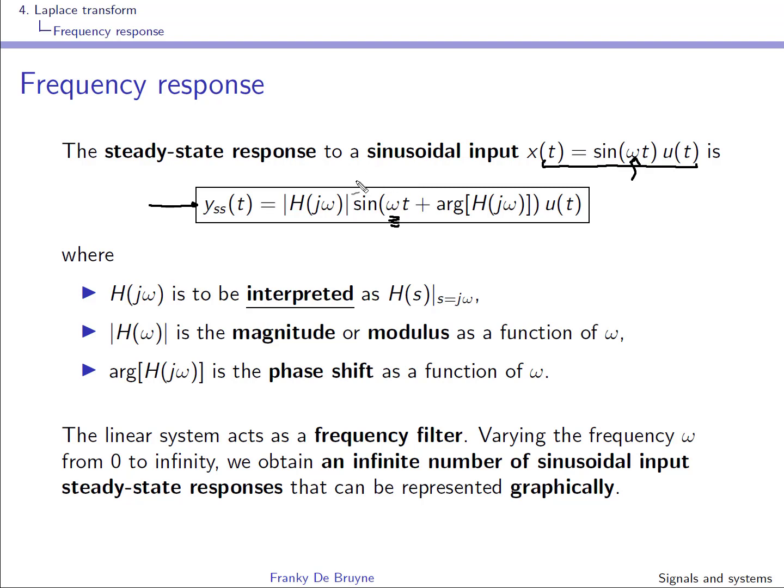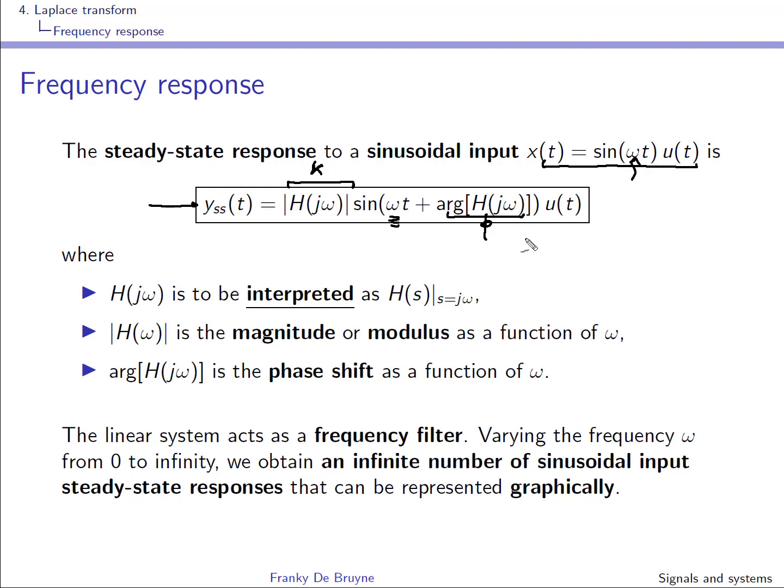Okay, it is amplified. This is the K that I've used previously in the chord, and it has been phase shifted over here. So this is not a surprise. The steady state response of a linear system when it's subjected to a sinusoidal input is simply a sinusoid at the same frequency that is amplified and that is phase shifted.